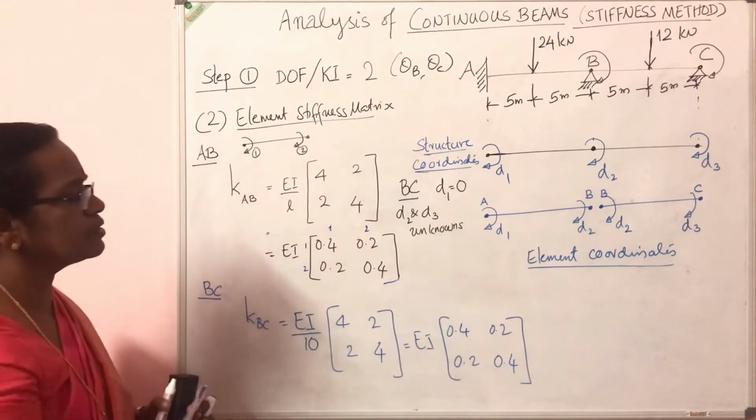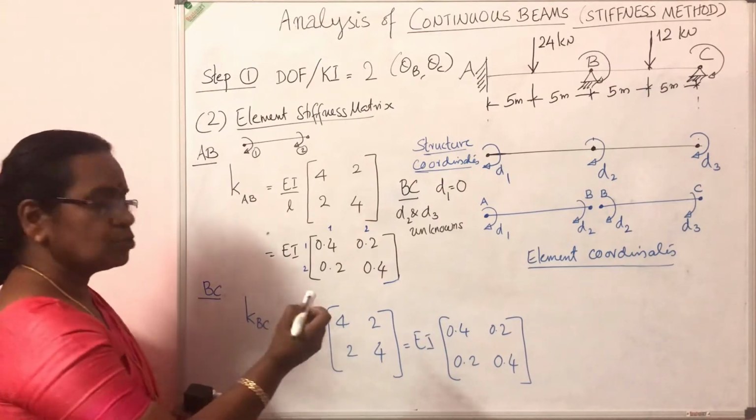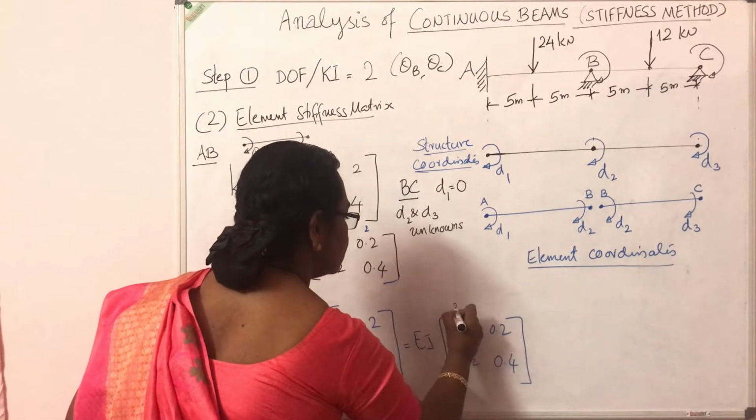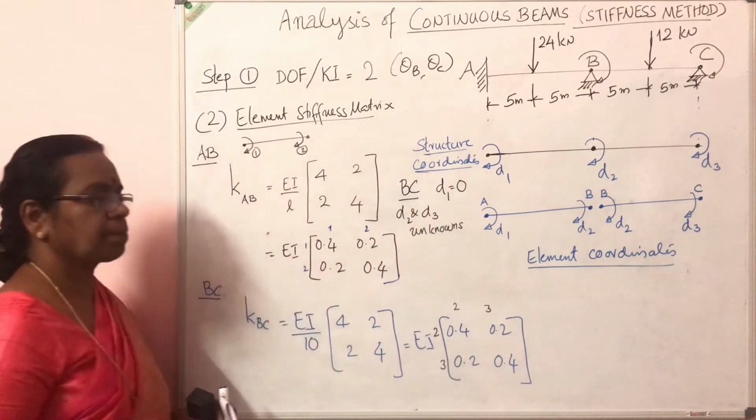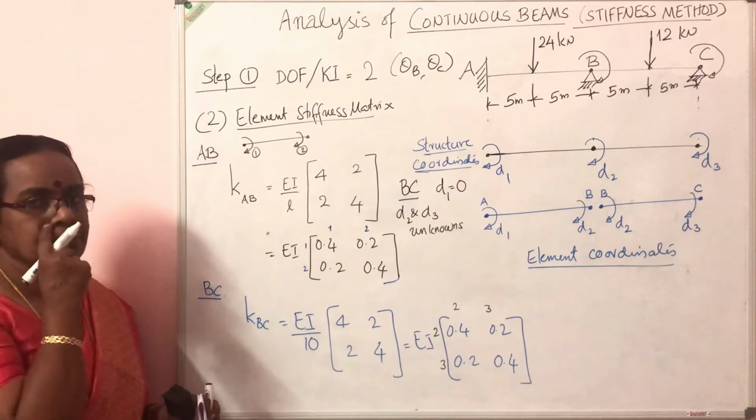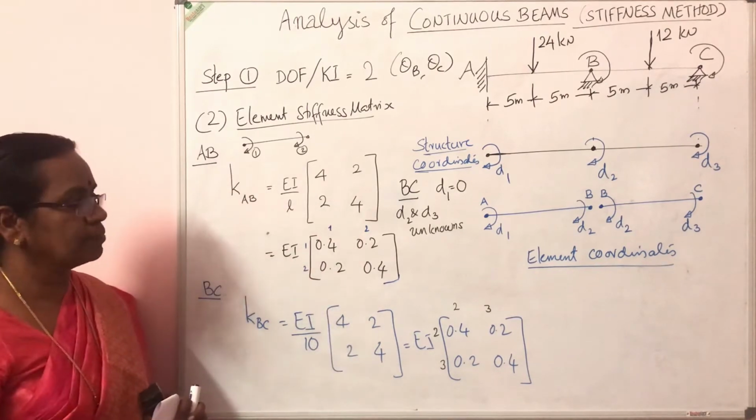And what are the coordinates for the second element? It is 2, 3. So you write 2, 3 at the top and 2, 3 at the left. So that is the second step: element stiffness matrix for the two elements.